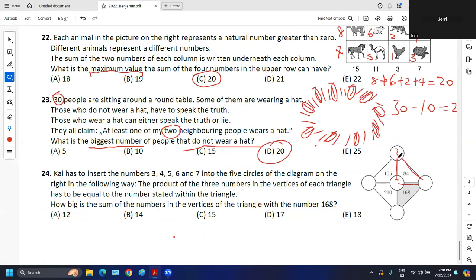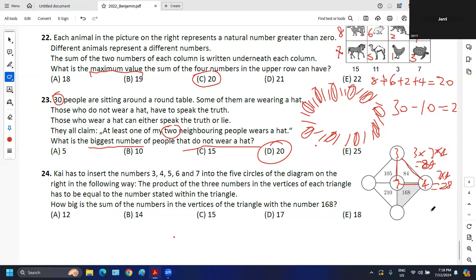So this could be 3, and this place I believe would be 7, and then here would be 4, because 3 times 7 times 4 is 84. And then we're going to use 7 times 4, which is 28. Then we're going to figure out 28 times what is 168.